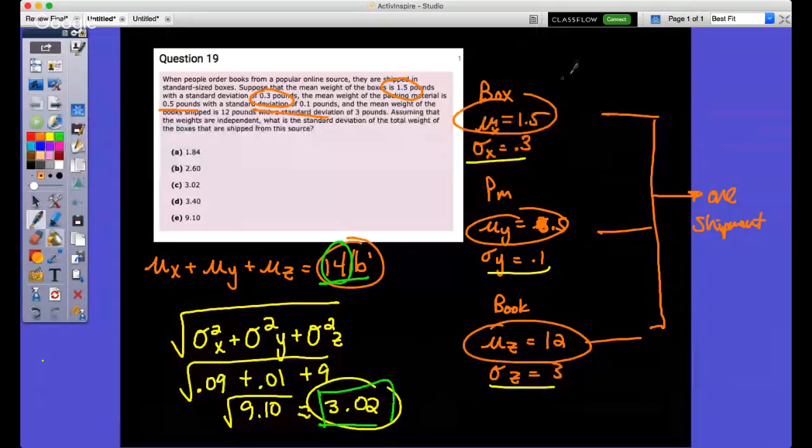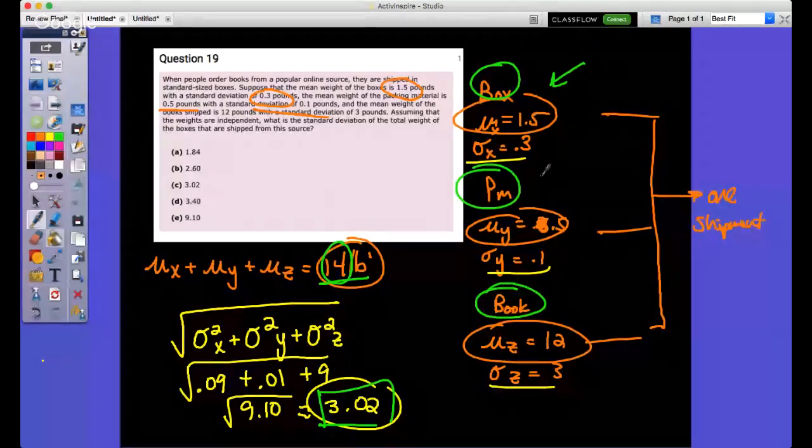But let's just say that in each of these instances, the box was chosen at random, the packing materials were chosen at random, the book was chosen at random, but the mean expected value and the standard deviation followed this suit, okay? So a little bit different scenario, because this is hard and fast, 14, 3.02, right?